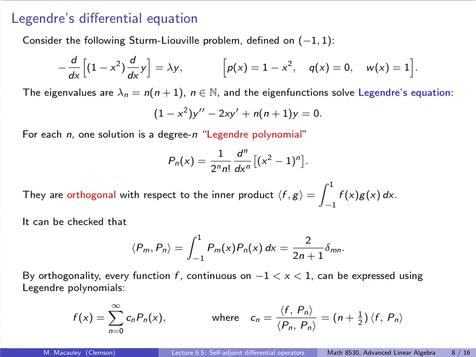That is the inner product of f with pn over the inner product of pn with itself. If you plug it in and simplify, I won't do the details, this is just n plus 1/2 times the inner product of f and pn, where this is of course this integral.